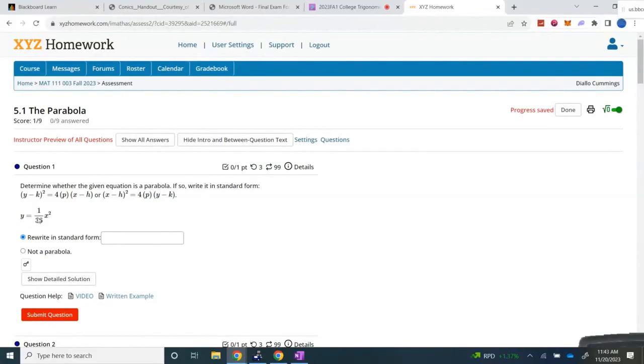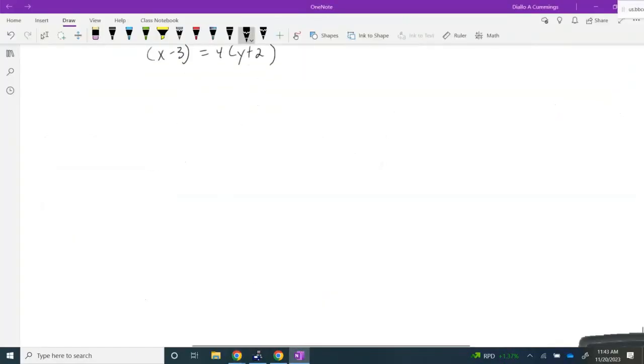So we're going to write it in standard form. Remember, standard form just means that your squared term has to be on the side of the equation by itself. So in order to write that in standard form, this is 5.1.1.